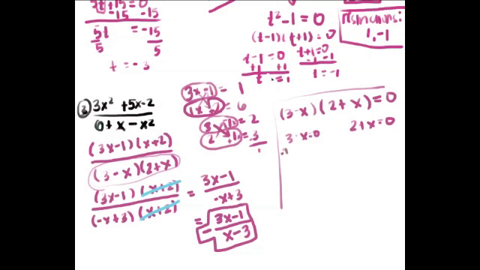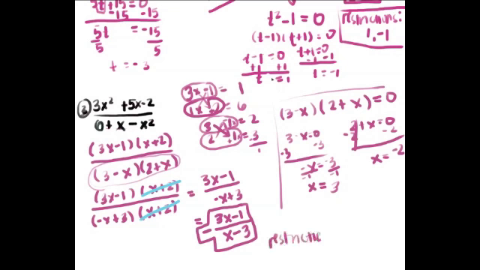So subtract 3, subtract 3. I don't want to know what a negative x is, I want to know what a positive x is. So I divide by negative 1 and get 3. This one, subtract 2, subtract 2. X equals negative 2. So my restrictions are 3 and negative 2.